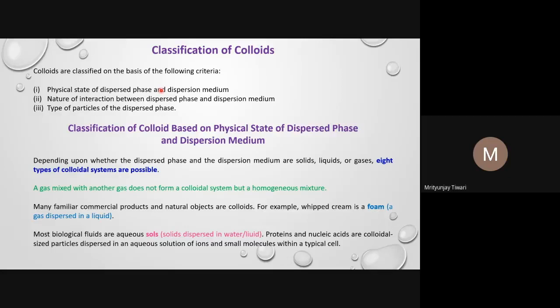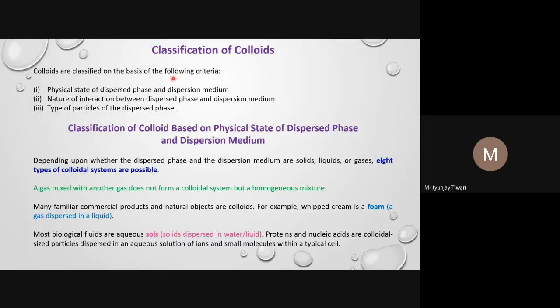So this is one way of classifying colloids. Another, the third way, is the type of particles of the dispersed phase. What type of particles are there? The colloidal particles of the dispersed phase may be made up of only one large molecule, a polymer molecule, or they may be aggregates of many small molecules, and so on.